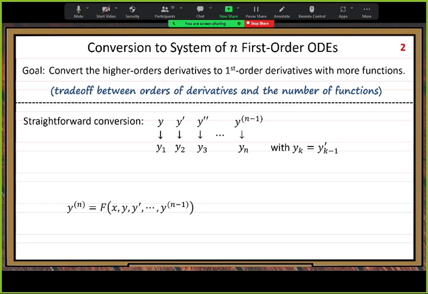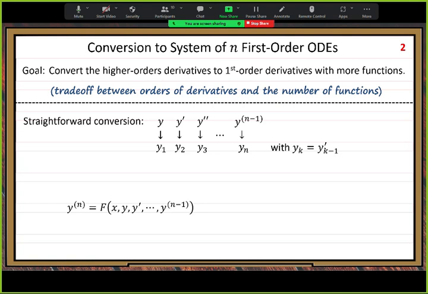We just consider that the nth order derivative of y can be represented as a multivariate function capital F of lower order derivatives, including the original function and the variable x. That's already good enough for us.